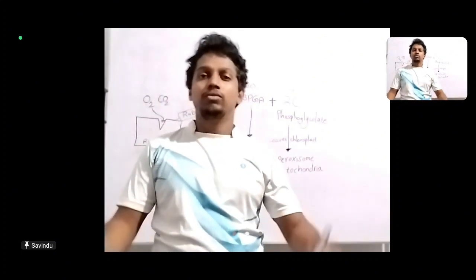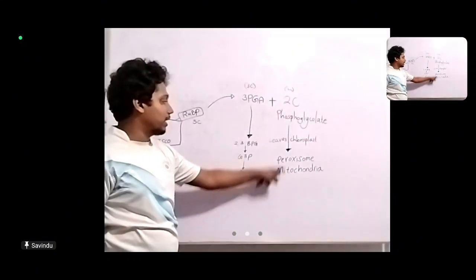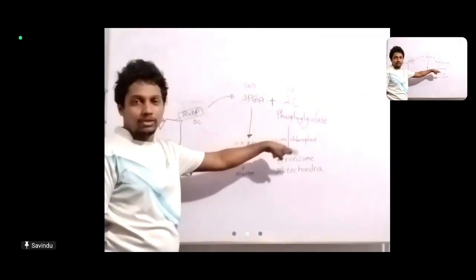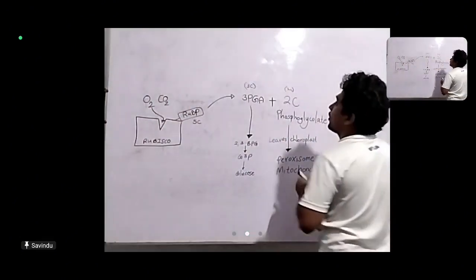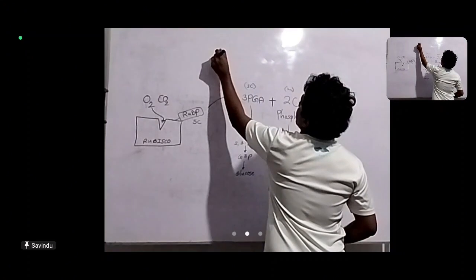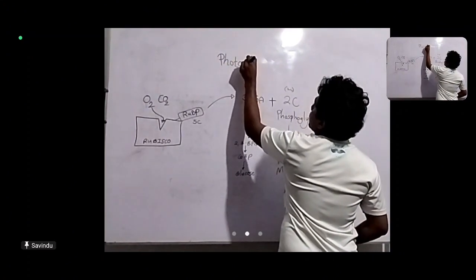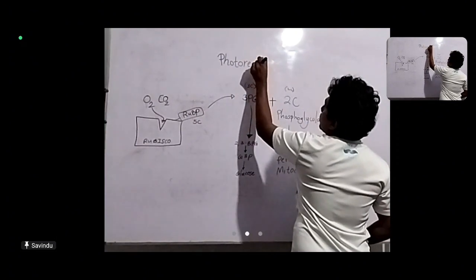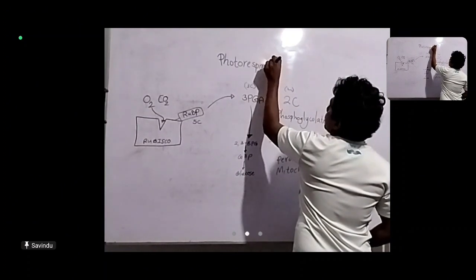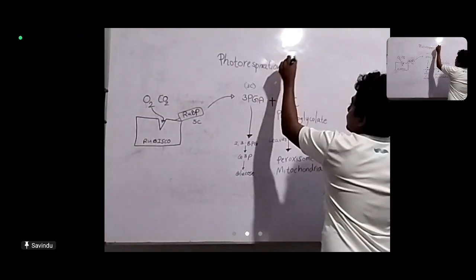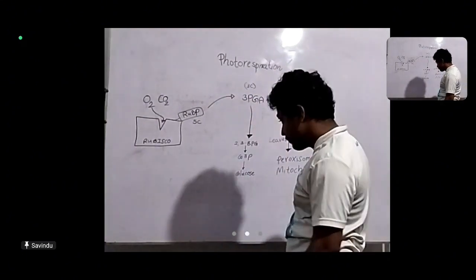So photorespiration is this, which is half of it, but the other half includes the action of peroxisomes and mitochondria. This is what we call photorespiration.